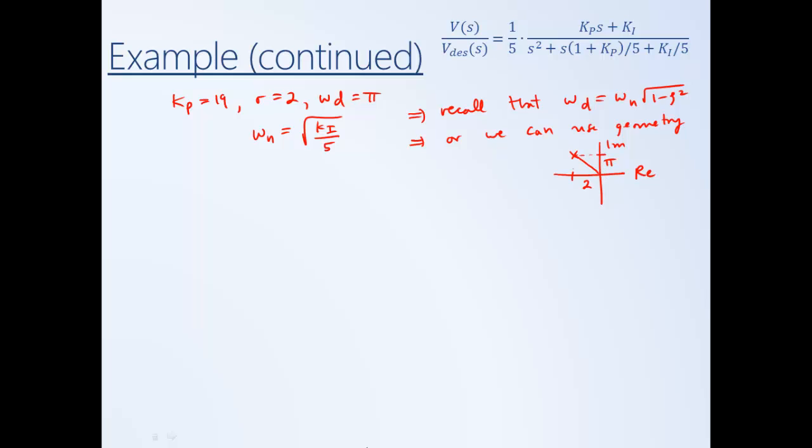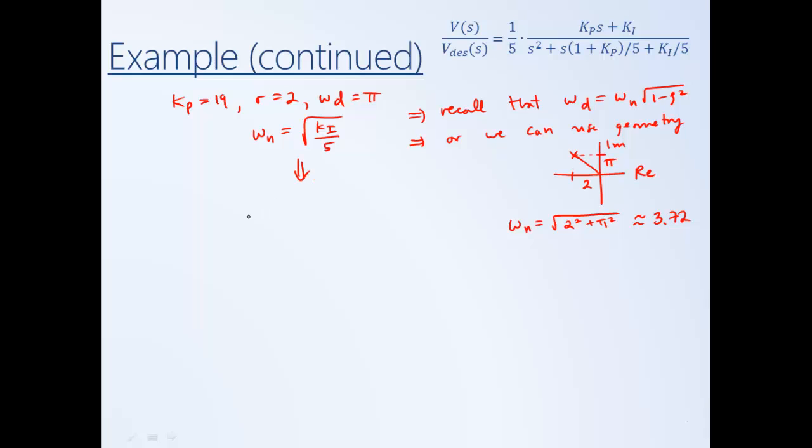And omega n is the radius, and we can treat this as a right triangle where omega n is the hypotenuse, sigma is one leg, and pi is the other leg. So omega n is equal to the square root of 2 squared plus pi squared. If we type that into our calculator, that works out to be approximately 3.72 radians per second.